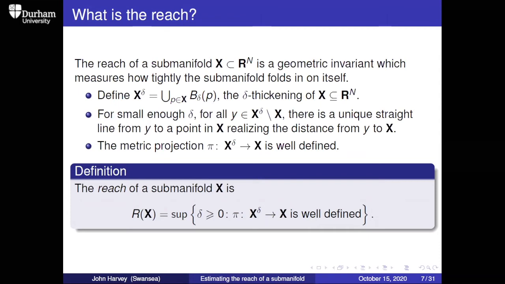So basically, you've got a metric projection from the tubular neighborhood, the delta thickening, onto the submanifold, and it's well defined. But if you make delta too big, this projection is no longer well defined. So we say the reach of the submanifold is the largest possible delta for which the projection is well defined.